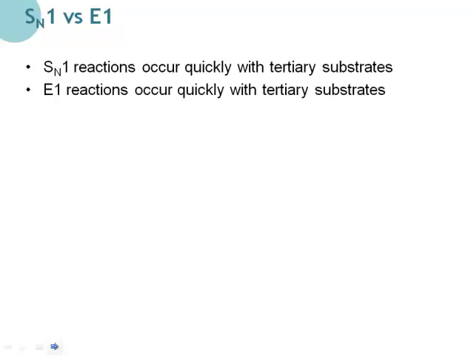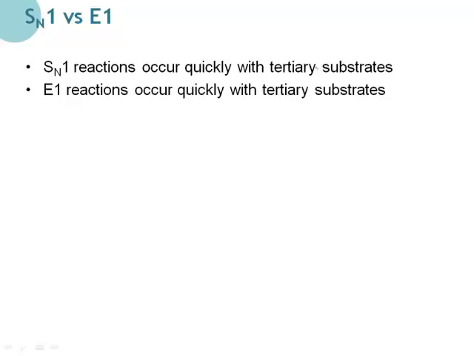But because we're forming this carbocation in both rate determining steps, there isn't too much of a differentiation in terms of substitution of the substrate. Both cases have quicker rates with tertiary substrates. So the question is, how can we differentiate these further?